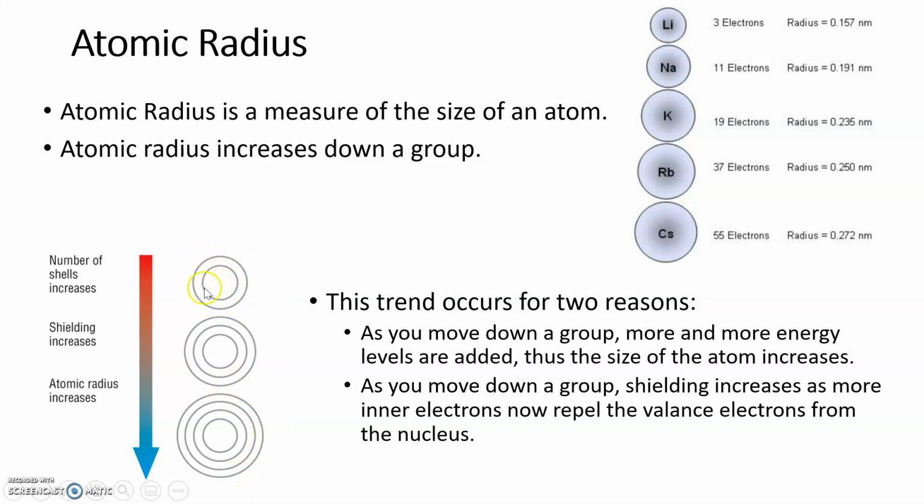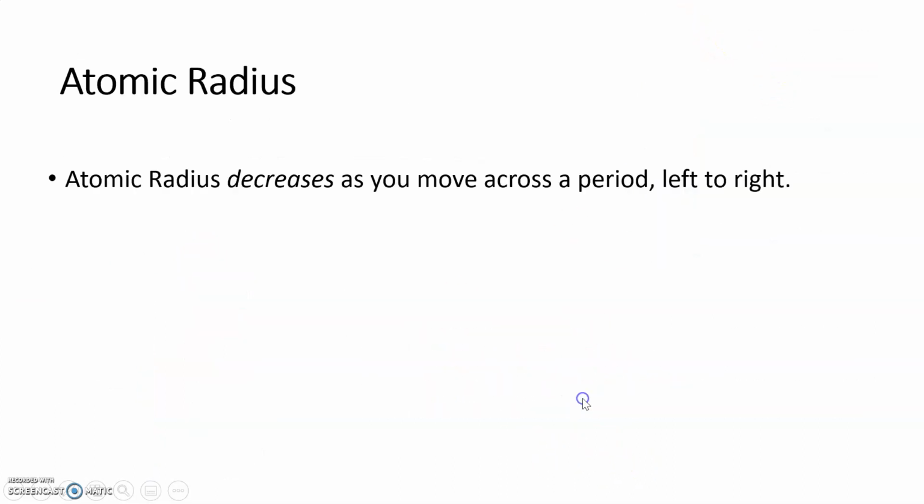He's only got those 2 electrons shielding the nucleus. So the electrons on this level are going to be a lot more attracted, so they get pulled in tighter to the nucleus. That keeps it a much smaller atom. So those are the 2 reasons that we see atoms getting larger as we move down a group.